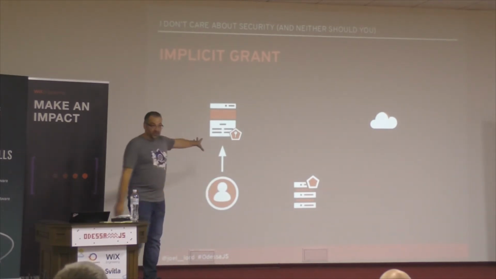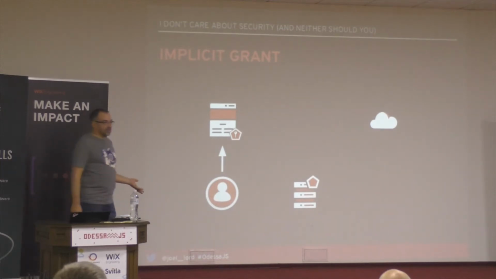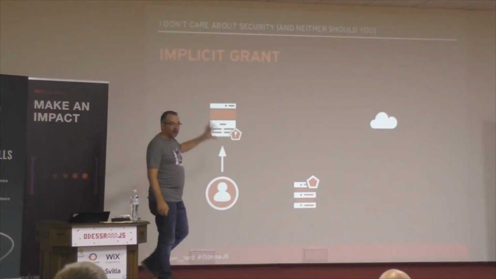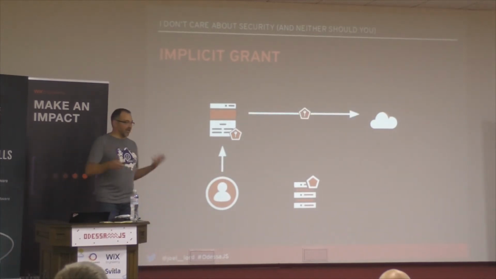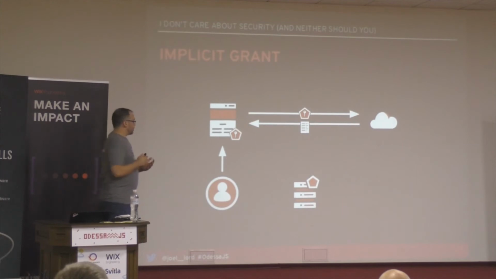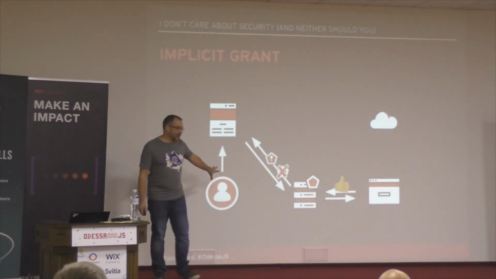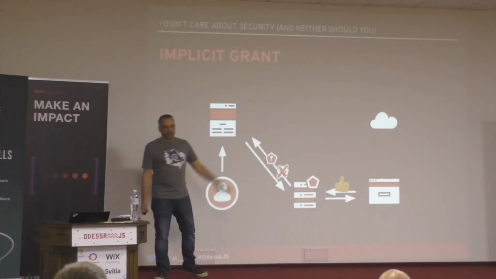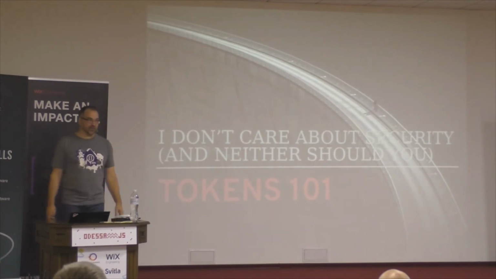If you lose it for some reason, if somebody gets a hold of it, they can impersonate your users. So you have to be really, really careful about how you handle this access token. But then once you have it, you can actually access the data on your API, receive the data, and so on. The difference here is that you don't have a refresh token, so that's the main difference between the two flows. And you have to be careful, like I said, with the actual token.